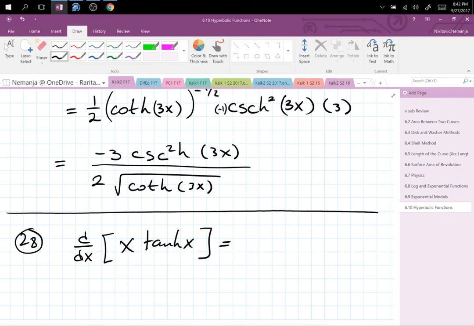What should we do here? But what do we have? Multiplication. Okay, so what do we use? Product rule.